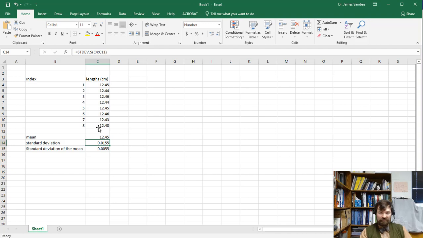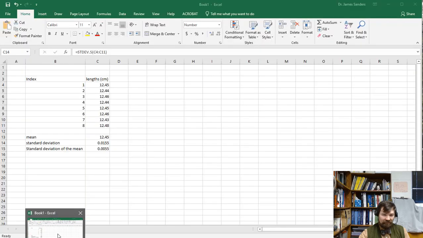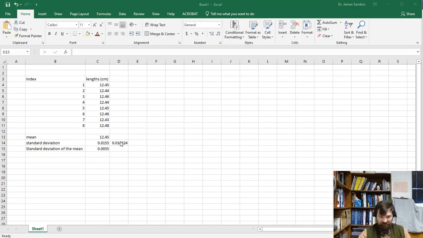For this one, it's equals STDEV.S, standard deviation, and the .S is because I wanted it to calculate this standard deviation, not the population one where it's 1 over n. Obviously if it's 1 over n, I should get a slightly smaller number. So here actually is what would happen if I treated this like an entire population, slightly smaller number.